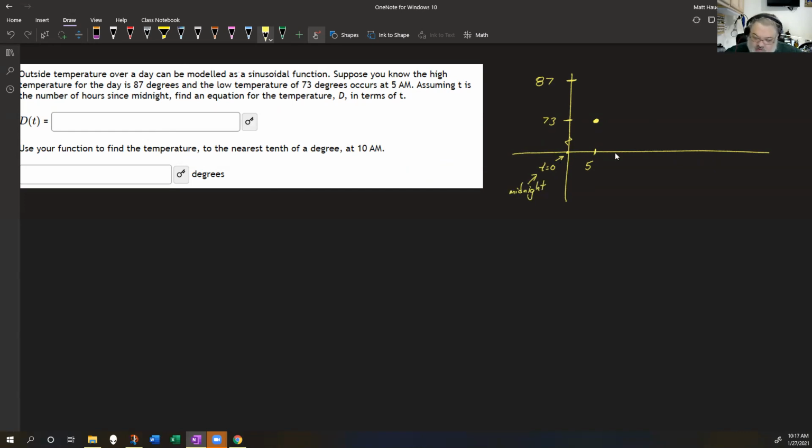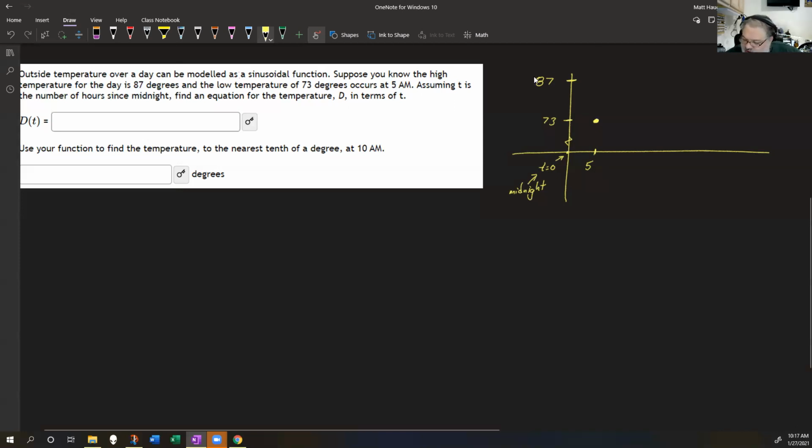Find an equation for the temperature in terms of T. Okay. So, what do we know?